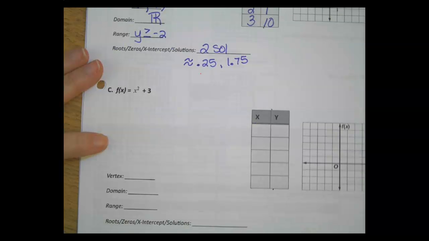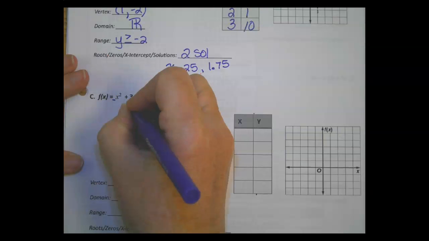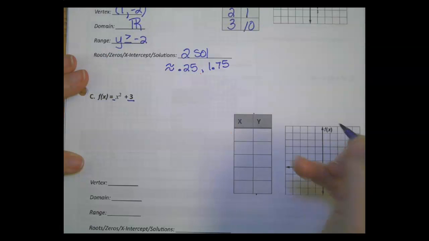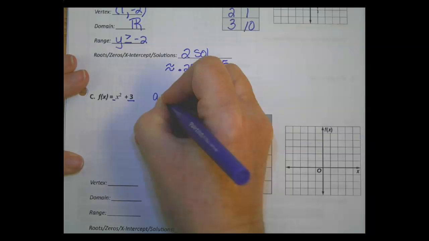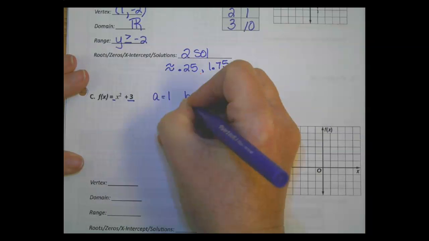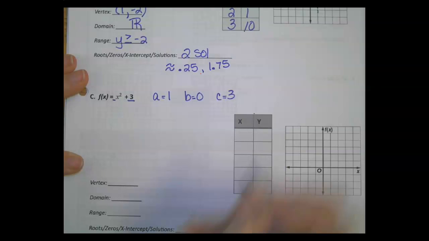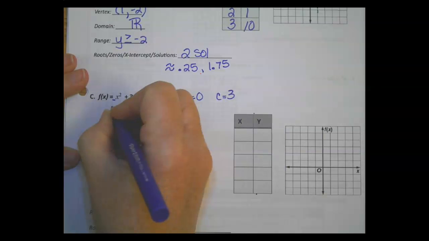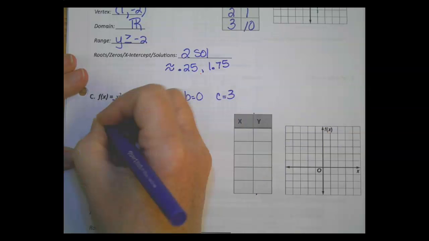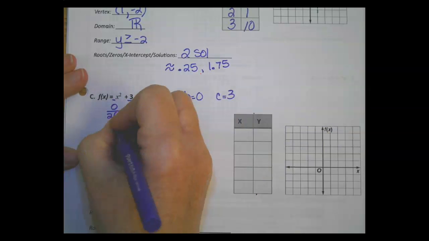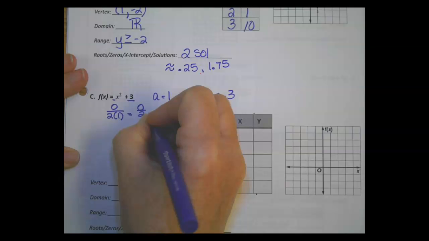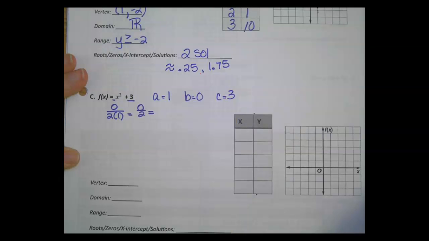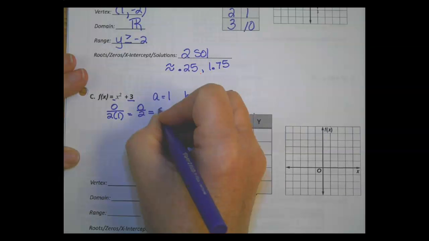Okay, this guy looks a little different. I don't have a B value. So my A was 1, my B is 0, and my C is 3. So opposite of B, so just 0, and then 2 times my A, 0 divided by 2. If you punch that into your calculator, you should get 0.